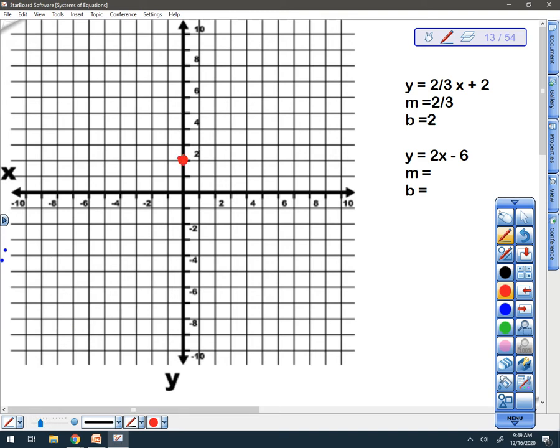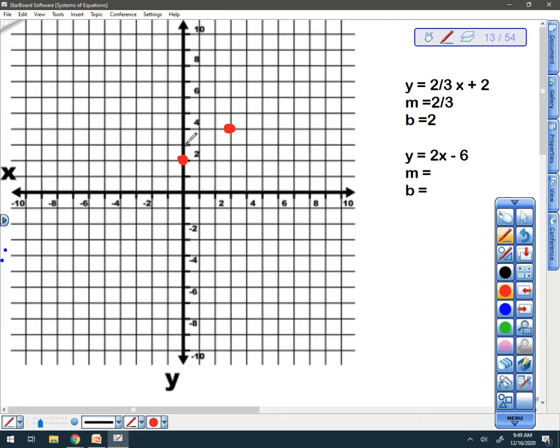All right, and then how's it going to move? Well, the slope is 2/3. So remember, it's rise over run. So you're going to go up or down and then to the right. So if the slope is 2/3, I'm going to go up 2, 1, 2, over 3, 1, 2, 3. Put my dot there.